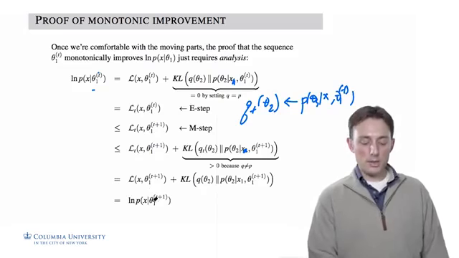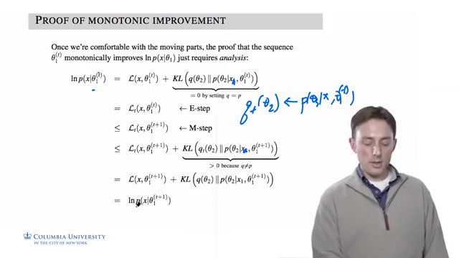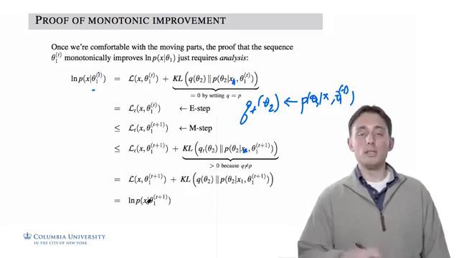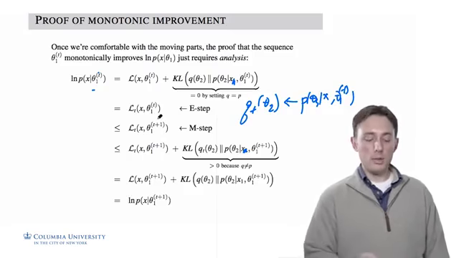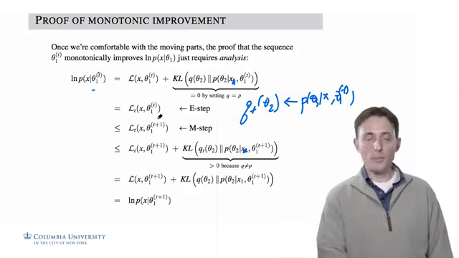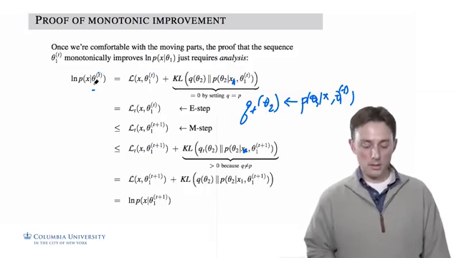So there's this sequence. If we follow it along, we find that this term is less than or equal to this term. And so the EM algorithm has defined a method for giving us a sequence of values for theta 1 that are monotonically increasing the log of the likelihood.